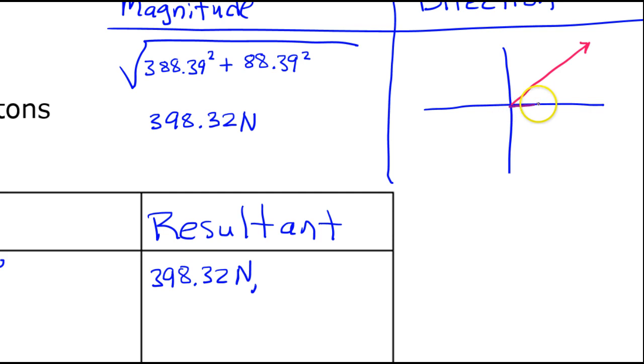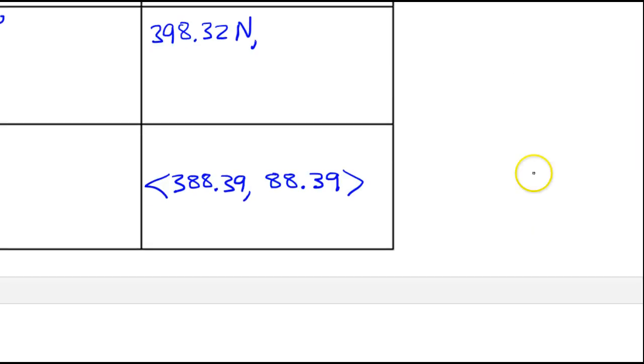So then we've got the horizontal and the vertical component. So the horizontal component is the 388.39, and the vertical component is our 88.39.